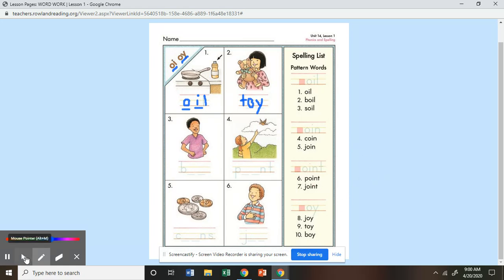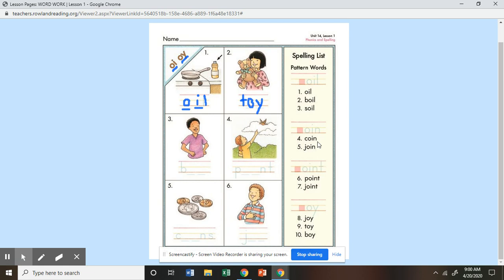All right, let's go over our words. All of these words end with OIL. Number 1, oil. Number 2, boil. Number 3, soil. So since they all end with O-I-L, these three words rhyme.